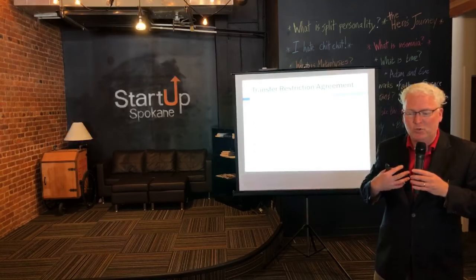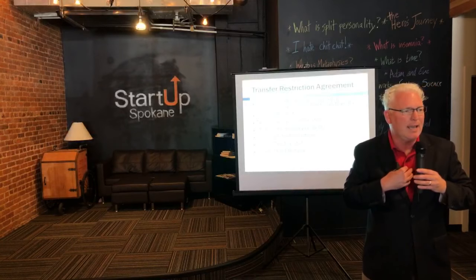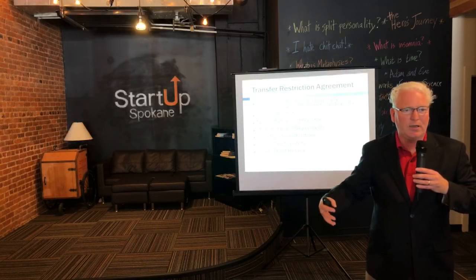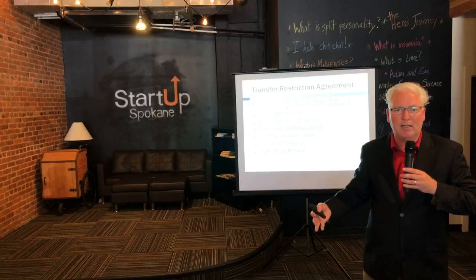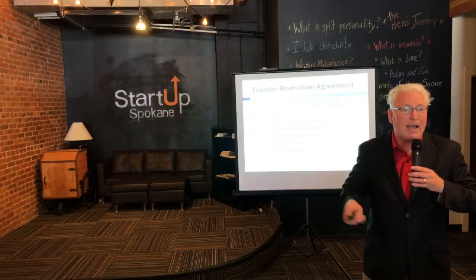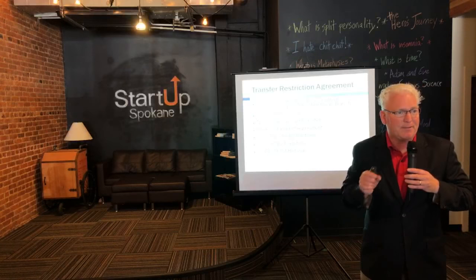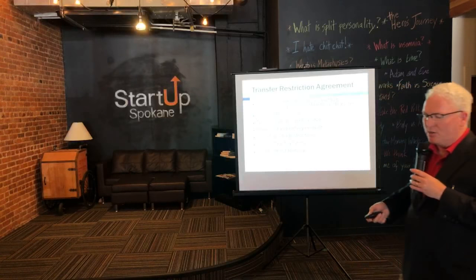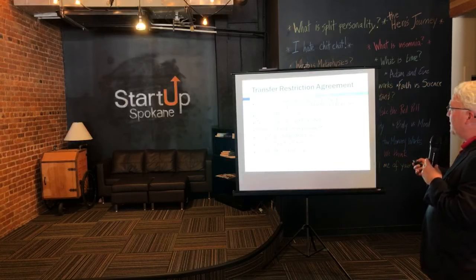So if an individual originally purchased the stock in his name and then wants to transfer it into a family trust, or into an LLC, the transfer restriction agreement will typically allow for that, because that fits the definition of an affiliate. And so the definition of an affiliate is very important in these types of agreements.